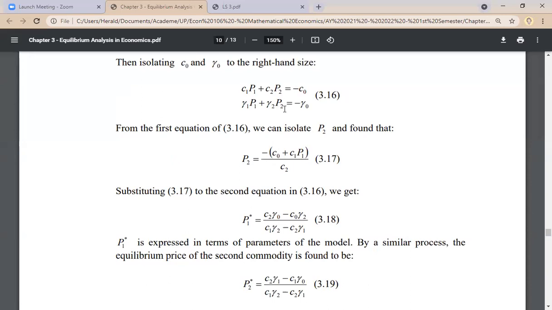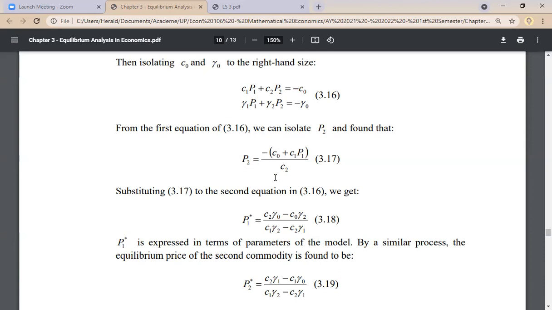Okay, so what did I use here? Let me just correctly verify. Yeah. First, I isolate P2 here. So isolating P2 would mean all the other coefficients would be on the right hand side of the equation. And so you will arrive with this equation here.